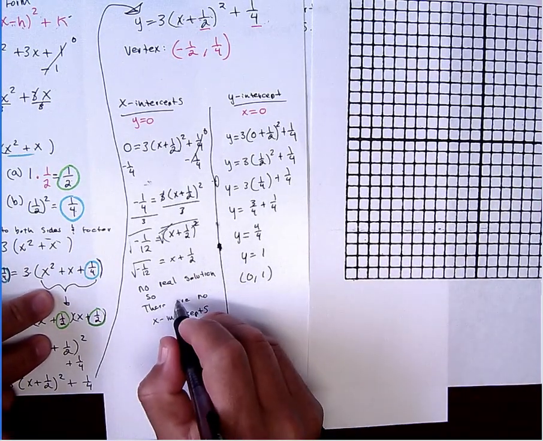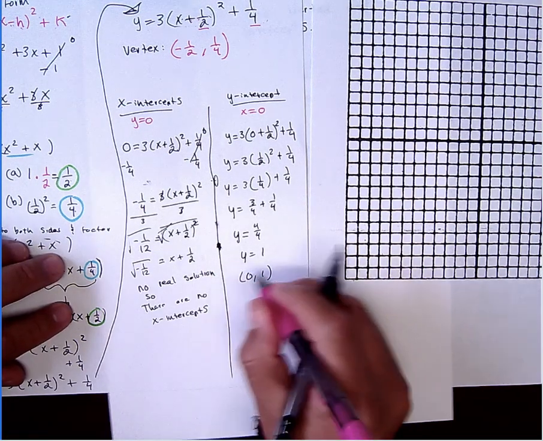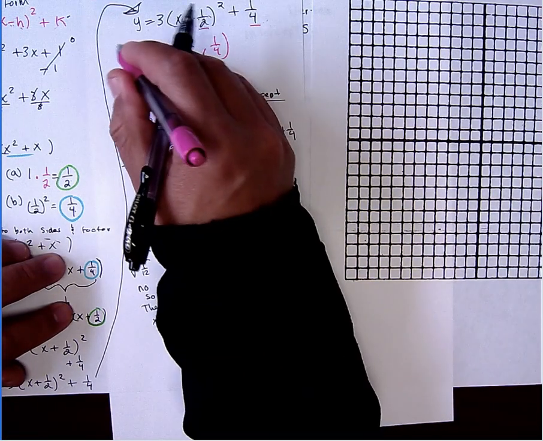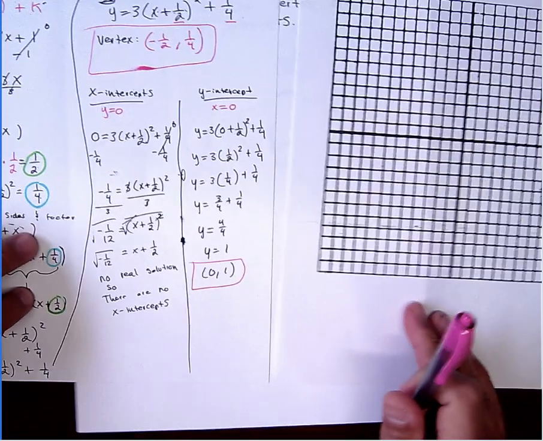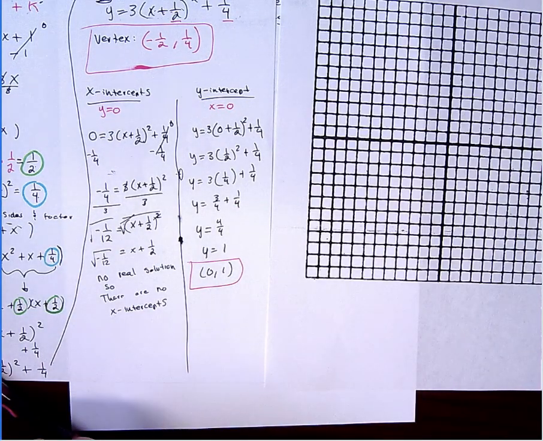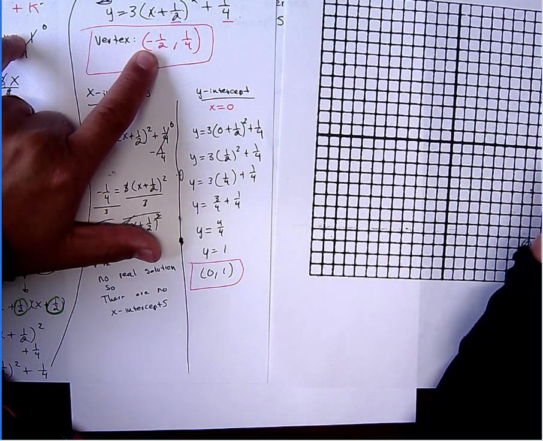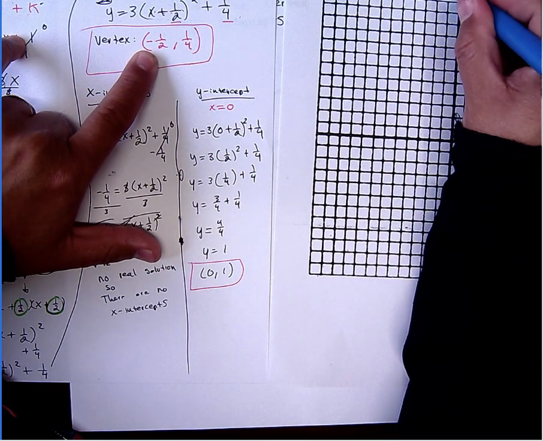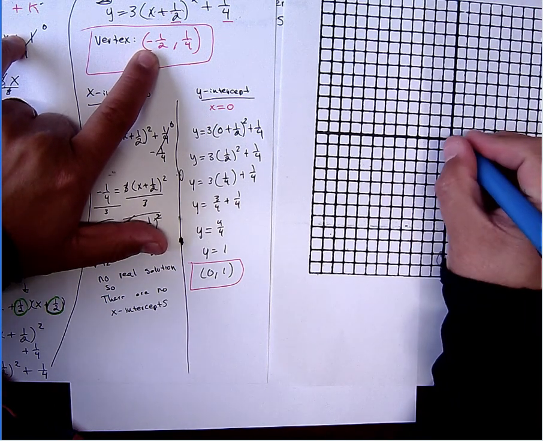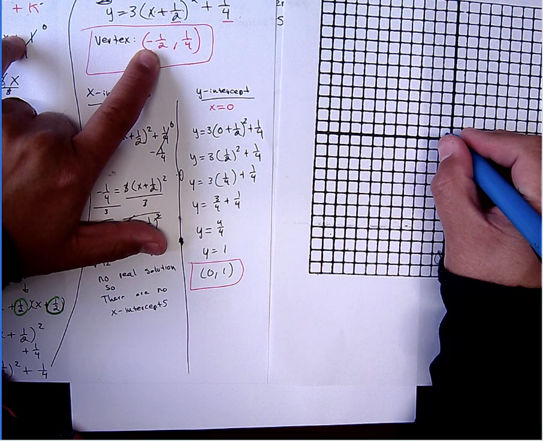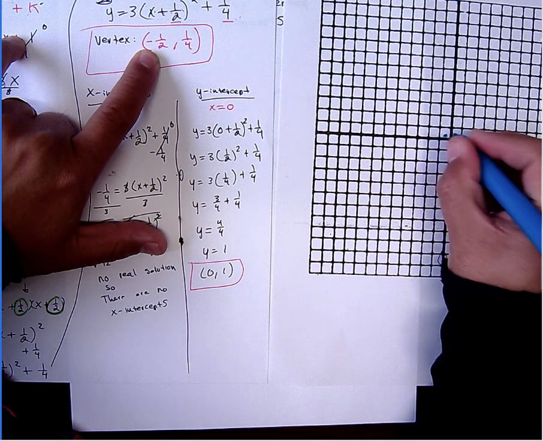So there's no x-intercepts. The y-intercept is this, and we have the vertex. So if you guys notice, let's find the vertex. So it's negative 1/2. So this is the x-axis. This is the y. So negative 1/2 would be here. And 1/4. Here it doesn't touch the x-axis.